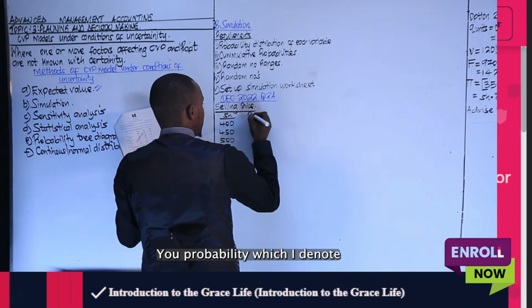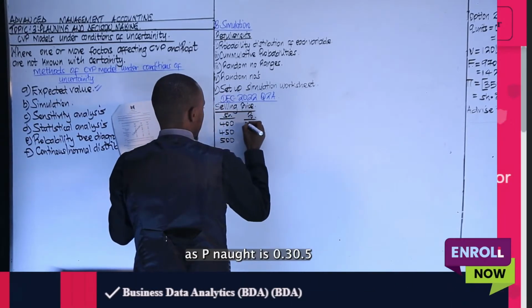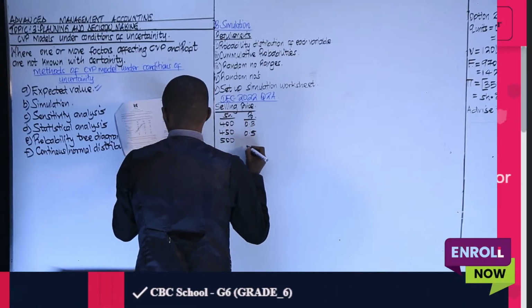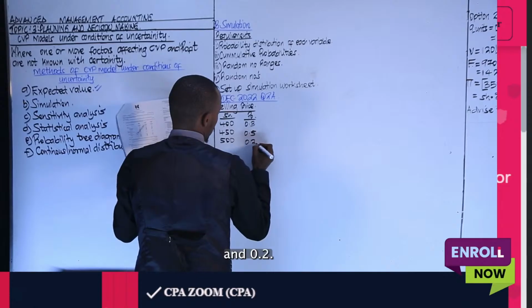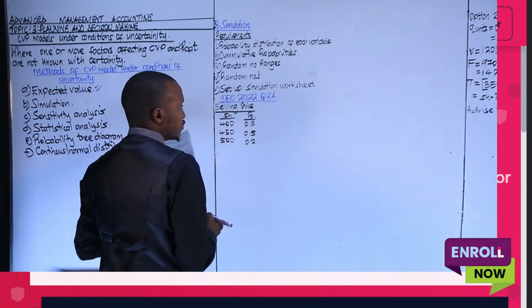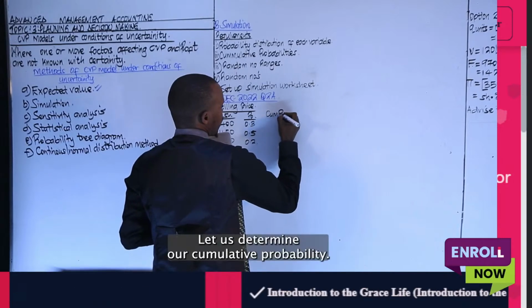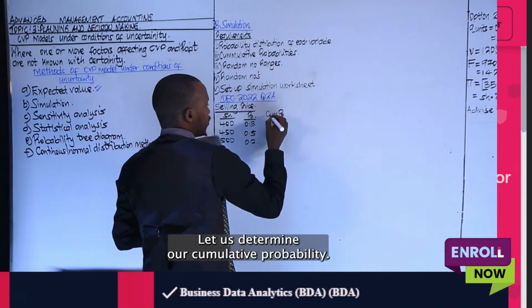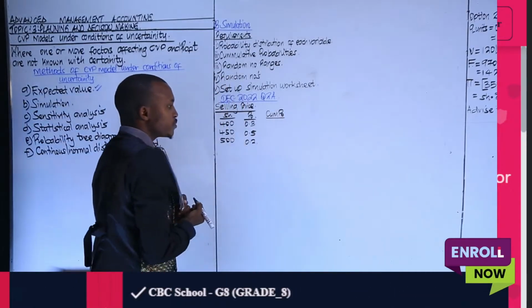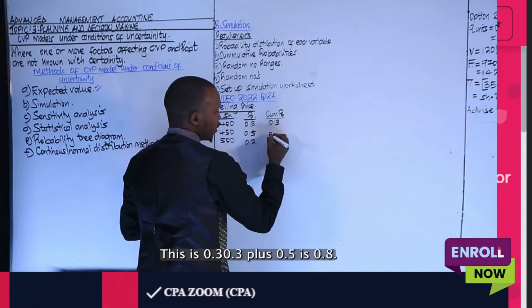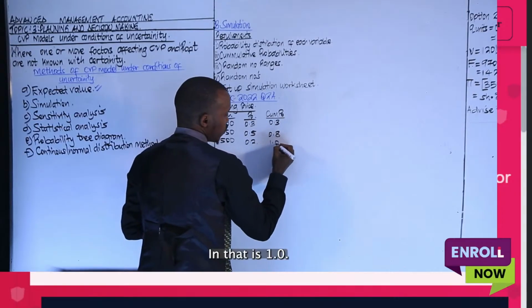Your probability, which I denote as P naught, is 0.3, 0.5 and 0.2. Let's determine our cumulative probability. This is 0.3. 0.3 plus 0.5 is 0.8, and that is 1.0.